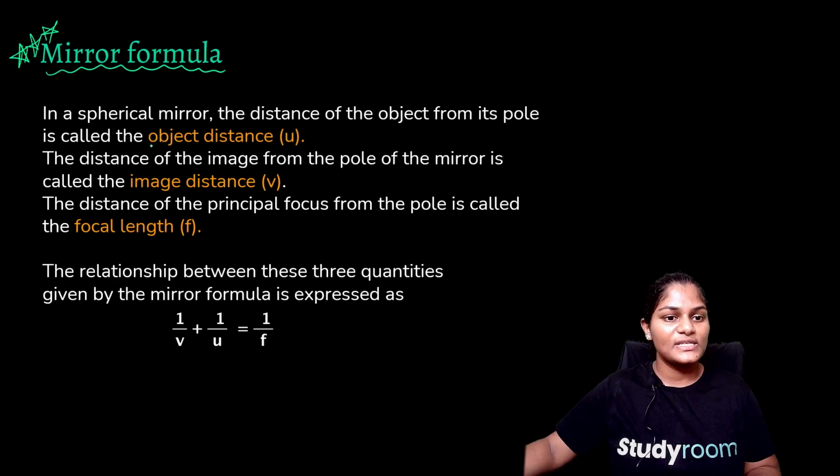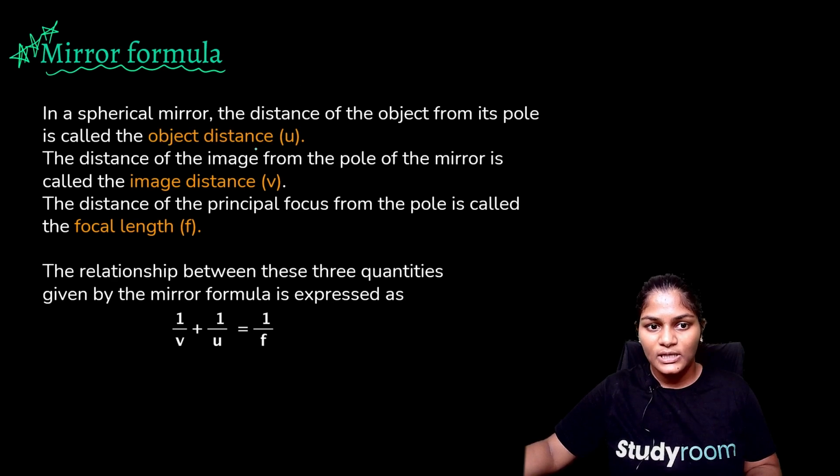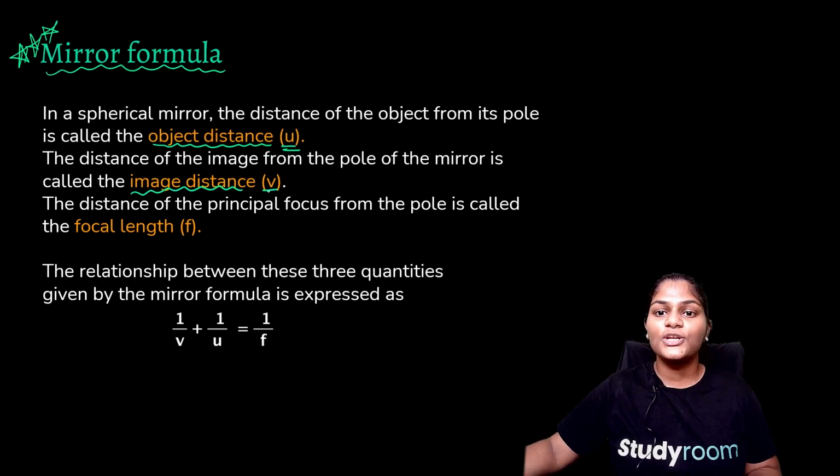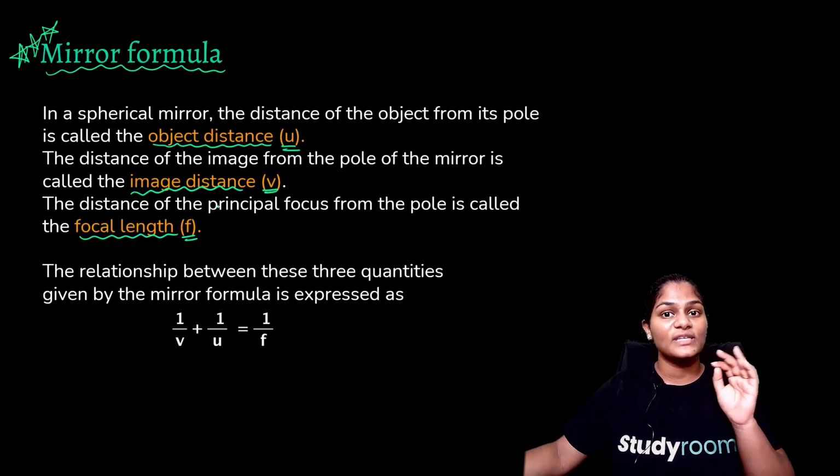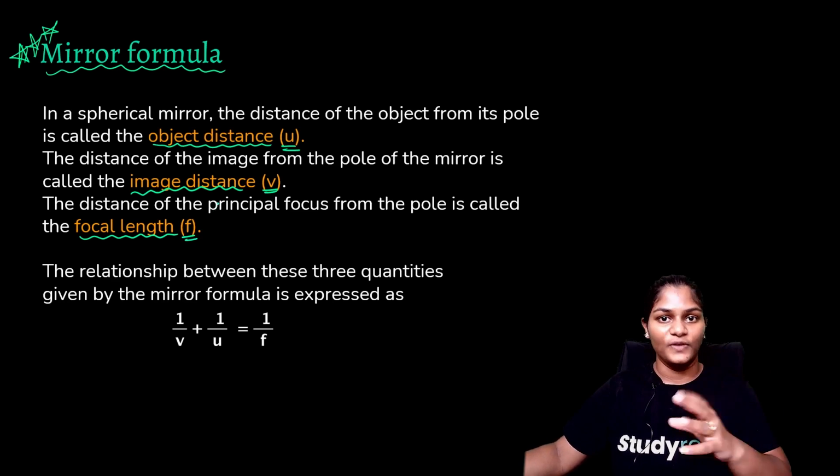Here you can see that the object distance is denoted by the letter u. The image distance is denoted by the letter v. Okay. And the focal length is denoted by the letter f. All small. We never use capital letters for denoting u, v and f.